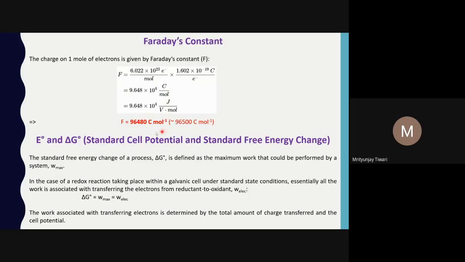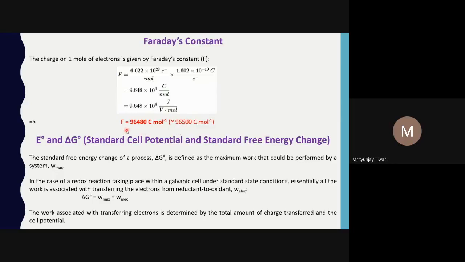Many books also report this as 96500 Coulomb per mole, because 480 is around equal to 500. Often our students remember this because this number is easy to remember. Even if you remember this value, you will get almost the same result. A slight difference might be there in the decimal points, but you will get the right options, and even with this value you will get full marks.